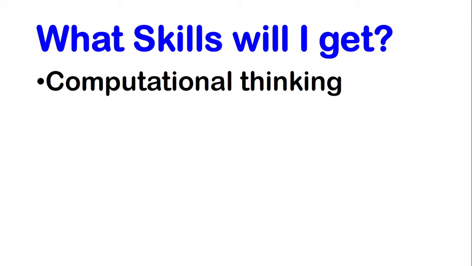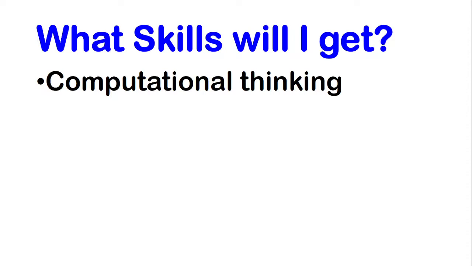So what skills do you get? Well, one of the biggest skill areas that you will develop over the course of the 2 years is your computational thinking. And that's something we have touched on in year 10. Computational thinking has huge transferable skills between a whole range of subjects, not least maths and science.